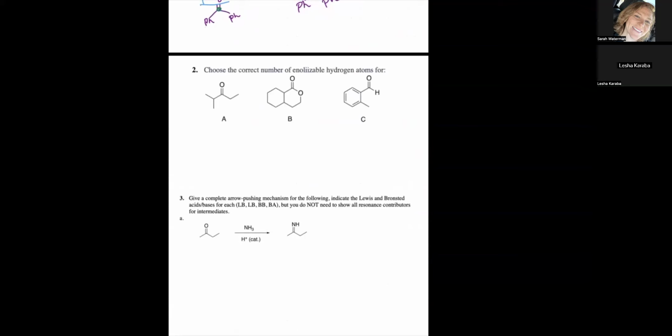Enolizable hydrogens. How many do we have? A, B, and C. Count them. Tell me. 3 for A. Mm-hmm.